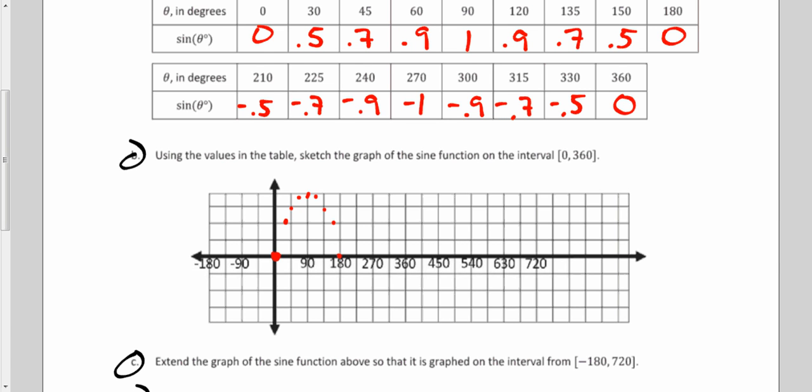And then I'm back to doing it in the negative side. So now, 30 degrees past 180, I'm at negative 0.5. So, not quite halfway, I'm at negative 0.5, right there. Yes? I'm good?